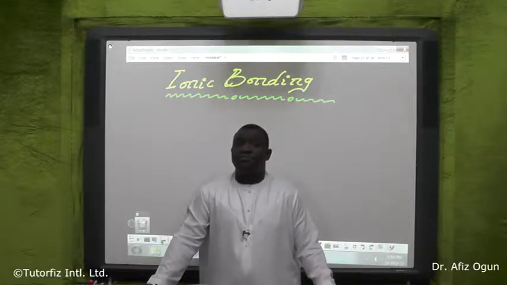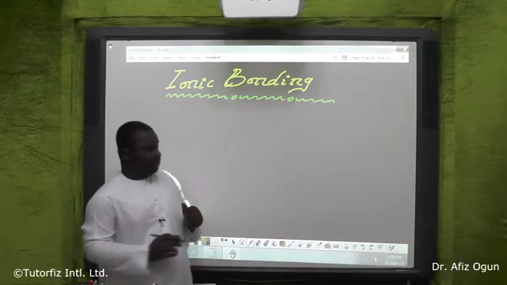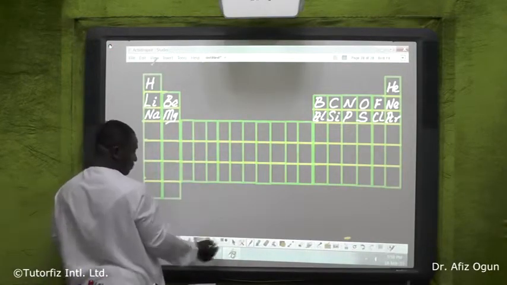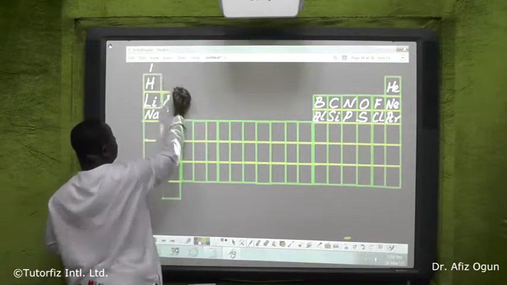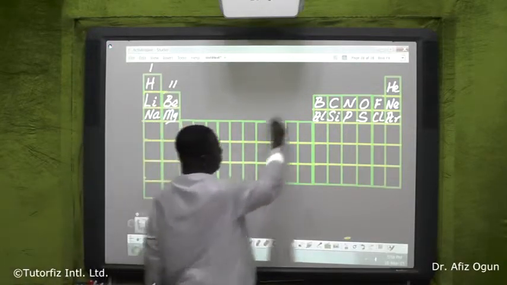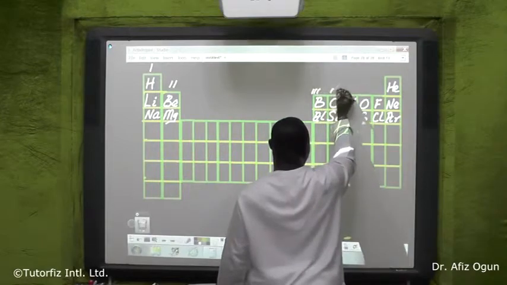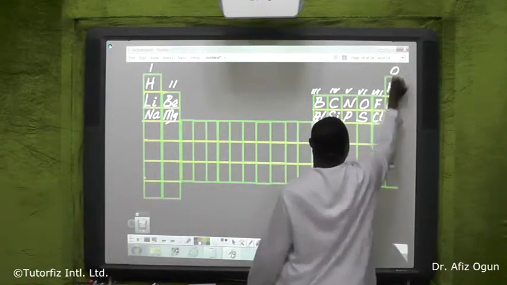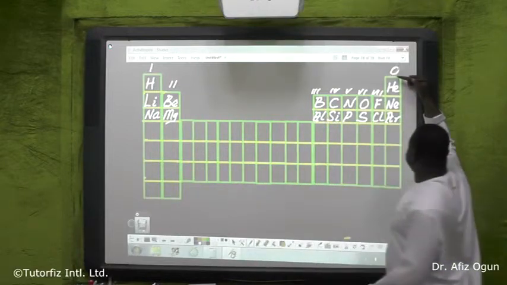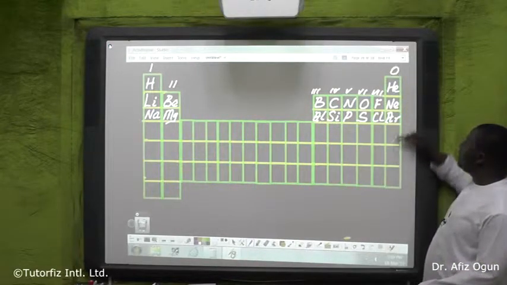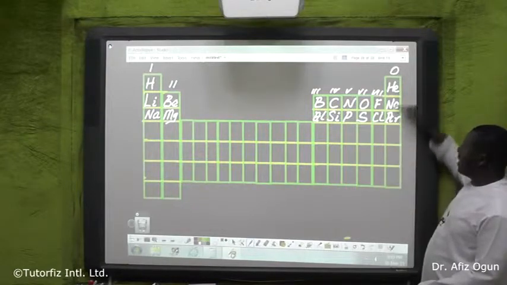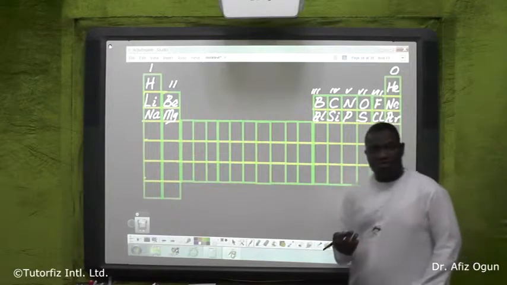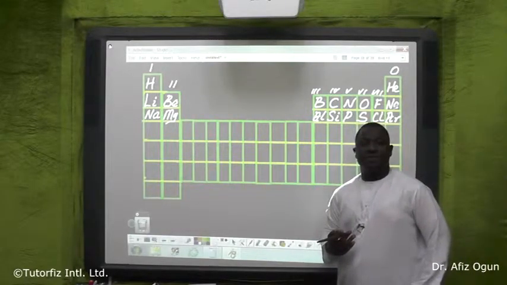You see, we have a group we call group 0. Of course, you know this is group 1, group 2, group 3, 4, 5, 6, 7, and group 0. The elements in group 0 are the only elements that are satisfied, as you know earlier from the periodic table.